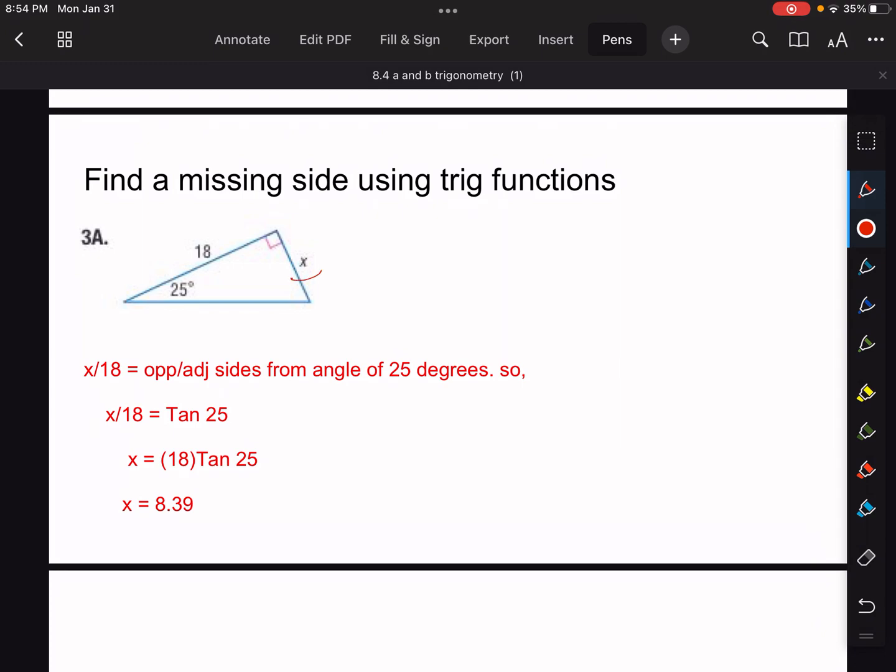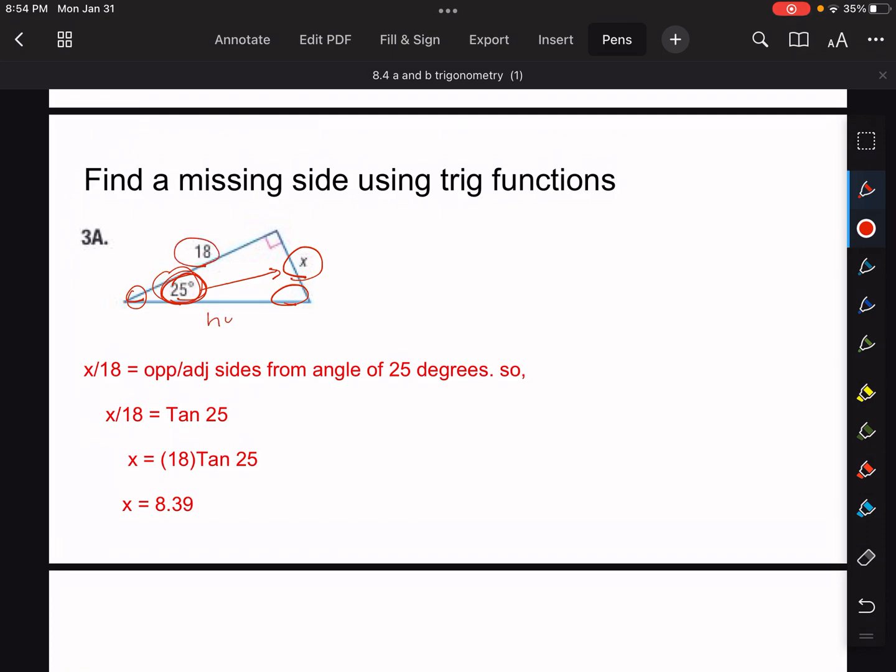All right, so we're looking for this. Okay, I know this angle. I could also find this angle very easily, but since this is given to me, I'm going to use the 25 degrees. So this is my perspective, right? This is my theta. I'm looking for the opposite of that angle, and I happen to know the adjacent of that angle.